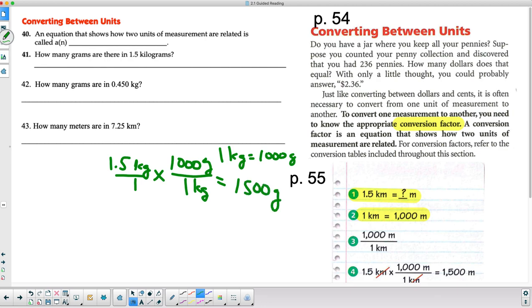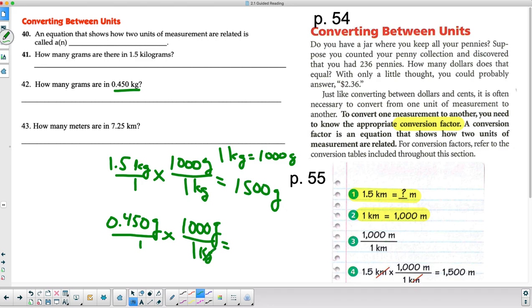Good. Well then, how many grams are in 0.450 kilograms? So I multiply that by 1,000 grams over 1 kilogram.